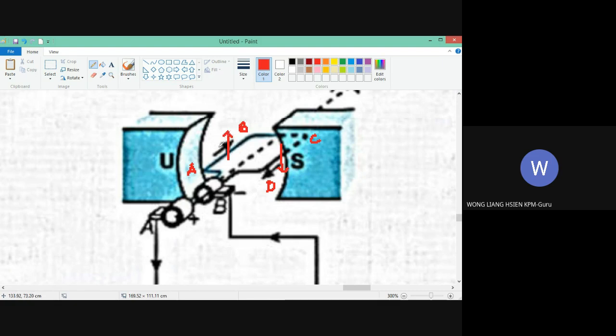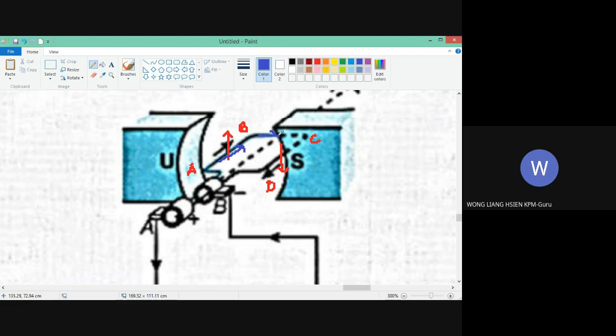So for the AB side cutting upwards, using Fleming's right-hand rule, the direction of the magnetic field is from north to south, and the direction of motion is upwards. So the direction of the current is going from A to B. That means the current is in this direction.